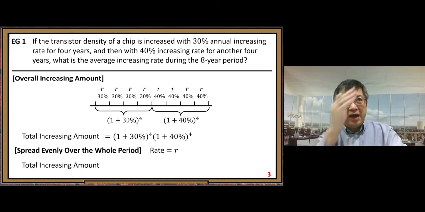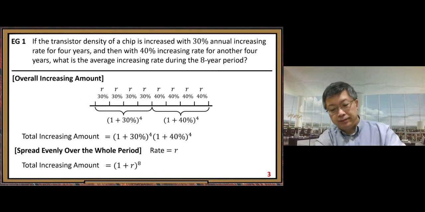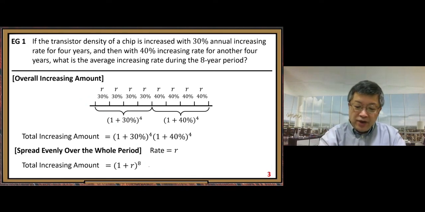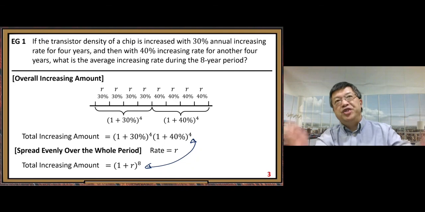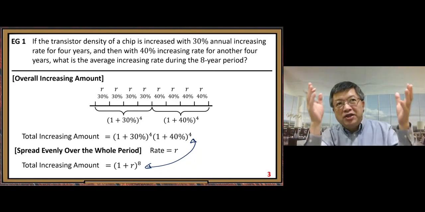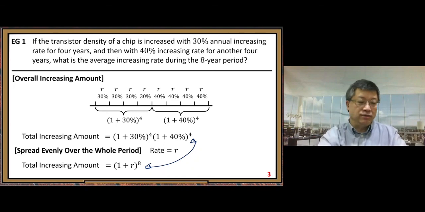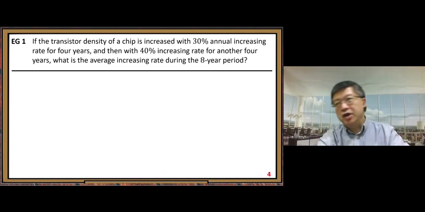Apply our standard formula, 1 plus R to the 8th. These two expressions should be the same, right? We represent the same thing in 2 different ways so that we can set up an equation. So next, let us set up the equation and solve it.